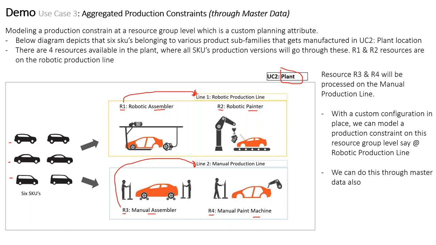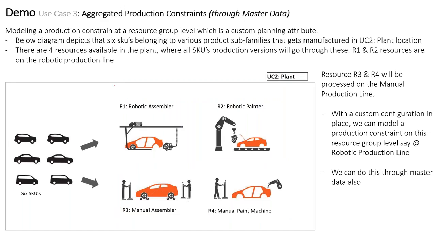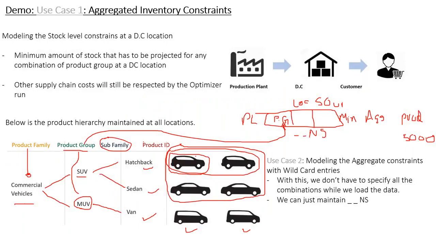So what we can do is take this resource group and attach it to our minimum aggregate production receipts key figure, and then constrain, like we talked about constraining at the product group level, that is SUV.